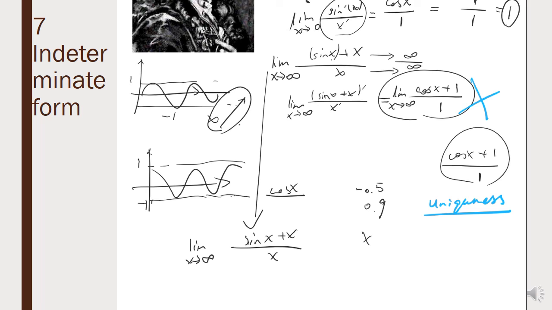So when x is very large, for example, 10 to the power of 9, 1 billion, sin x is at most 1, but x is 10 to the power of 9. So sin x can be ignored, of course. So actually it becomes 1, and we can say the limit of this one is 1.